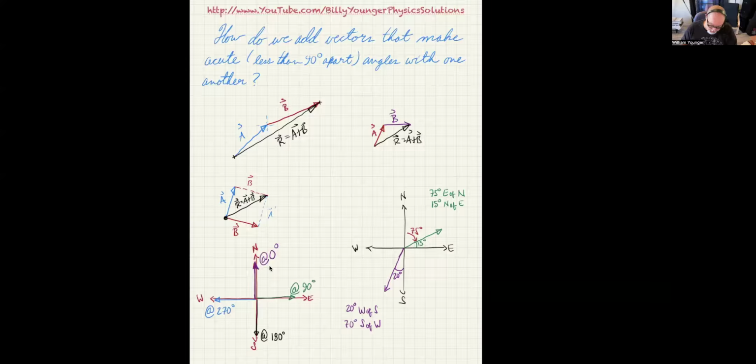I should also mention that in practice, you might also use the mathematically defined directions, which are based on the x and y axes. And in that case, this would be x, this would be y, and there's a couple ways you could measure a vector's angle.